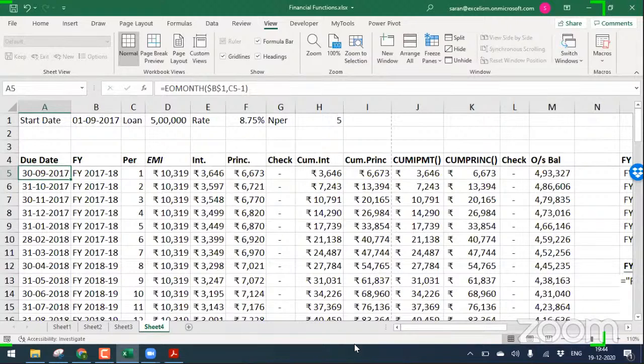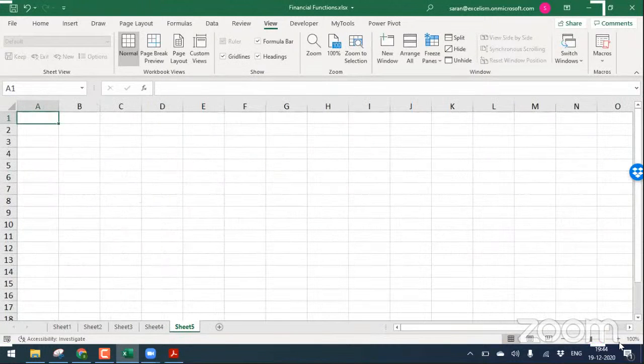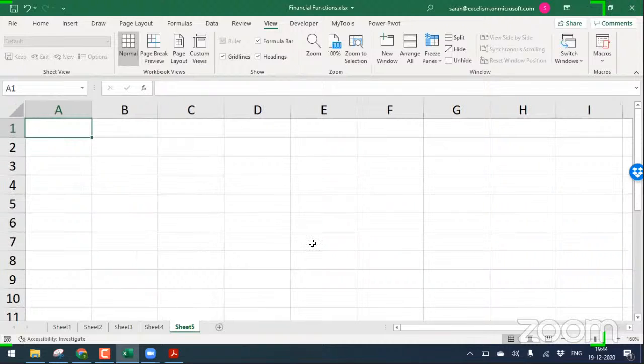Someone, when I was talking about XLOOKUP, said I did not cover it. I remember that I have covered it, but anyway, let me cover very quickly what is XLOOKUP. In fact I have covered it, while I was talking about the limitations of the VLOOKUP function. Sir, why have we taken month greater than 4?